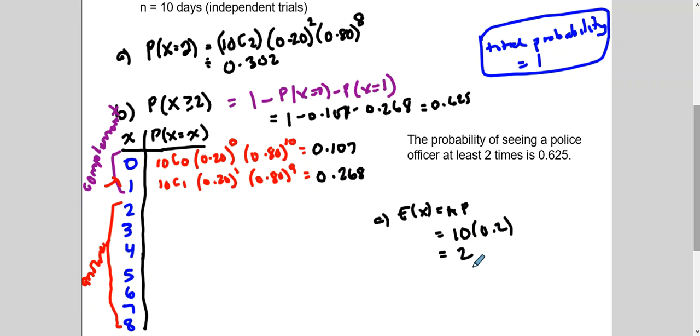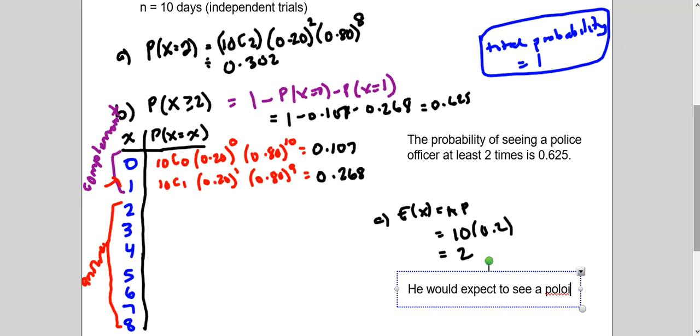I expect to see a police officer 2 out of 10 times. So I expect to see the police officer 2 times over the 10 days. So that allows for different scenarios that are happening with that. And that should drive a lot of the questions moving forward.